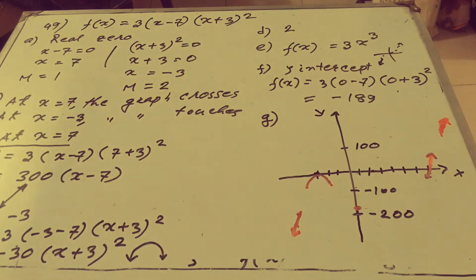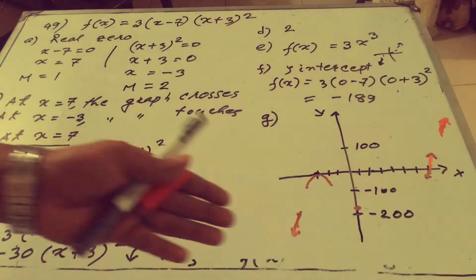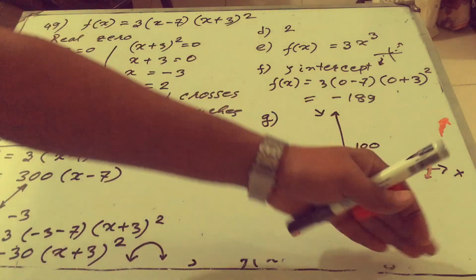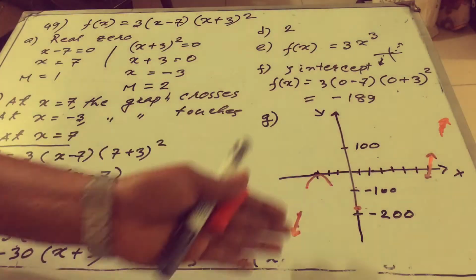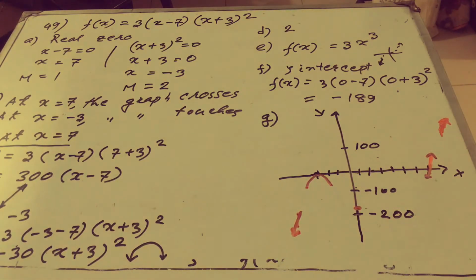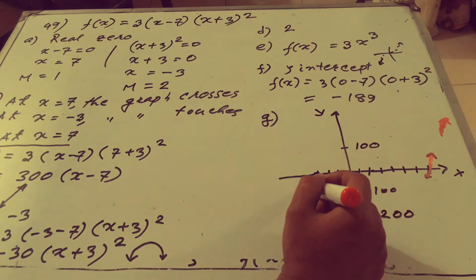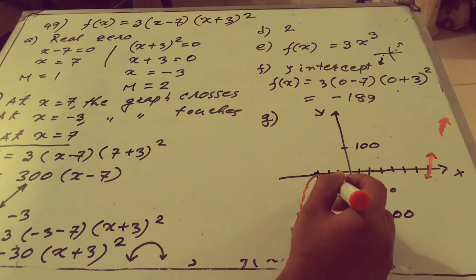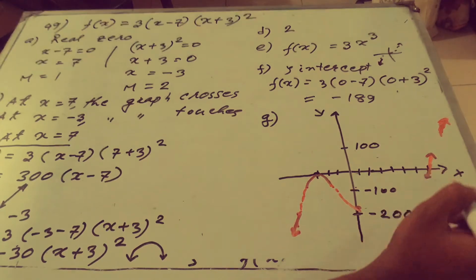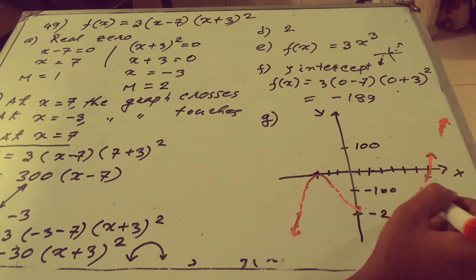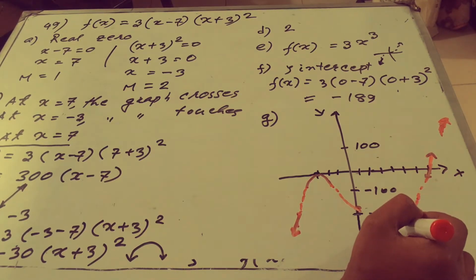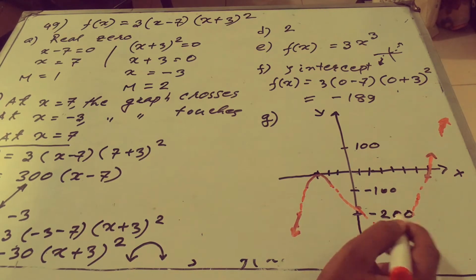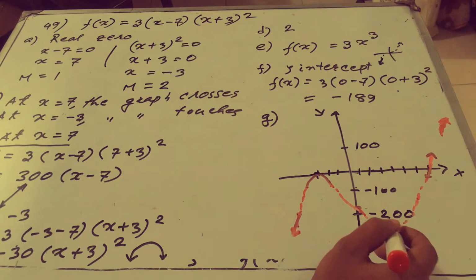Sorry for this. Now you see the shape of the graph. So that will be the shape of the graph. So just now we can fill it up, then we will get the graph. If you want to draw it, we are not sure if the graph is going through this point or somewhere else.